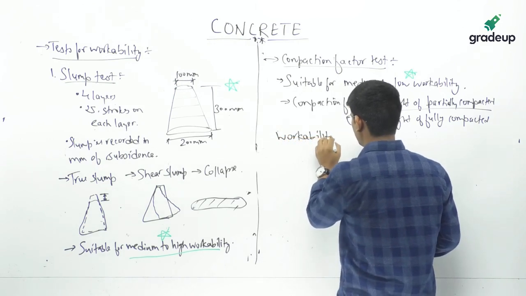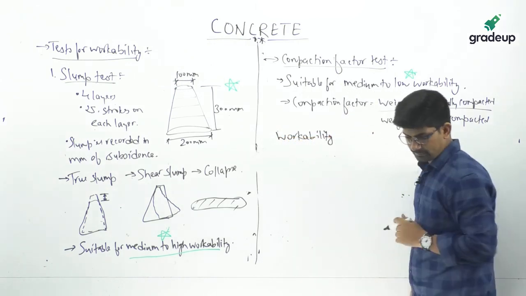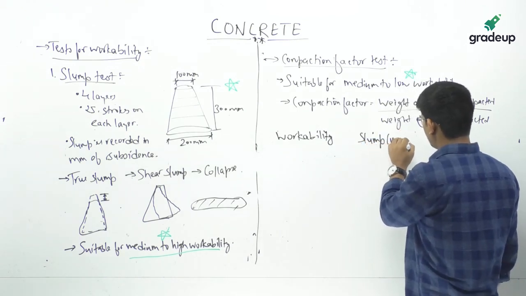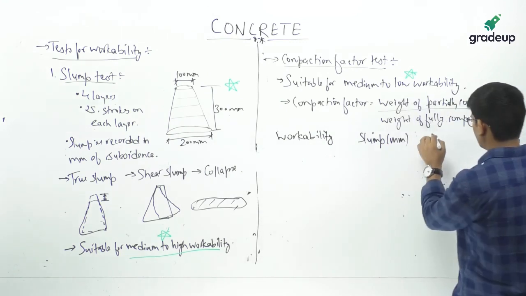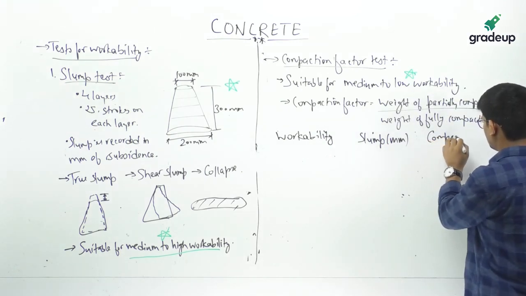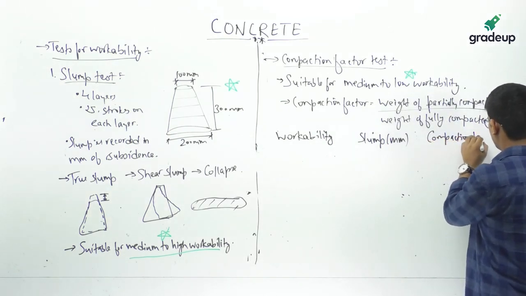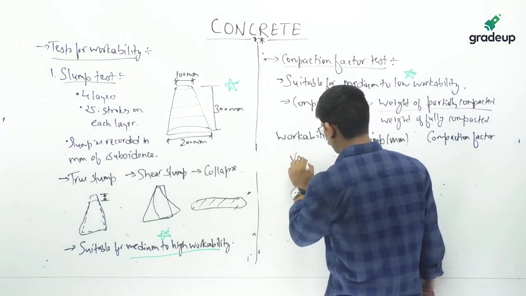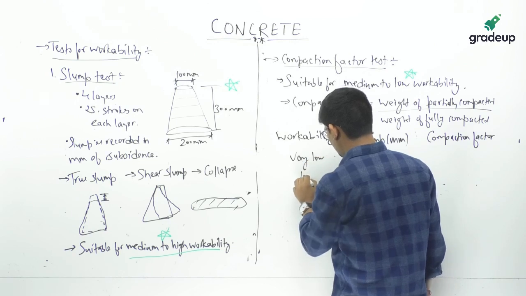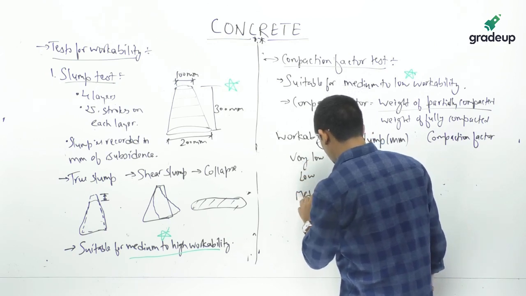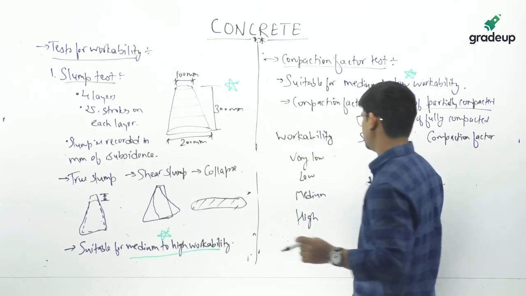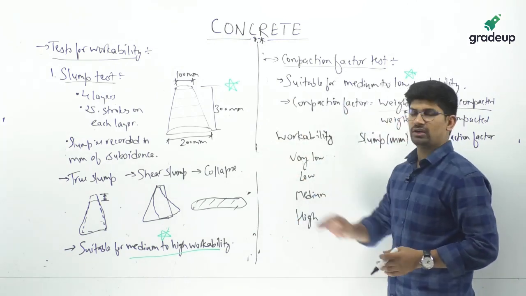Now there is an important table, workability. It is the relation between slump and compaction factor. There is very low, low, medium and high. For very high, these tests are not recommended.